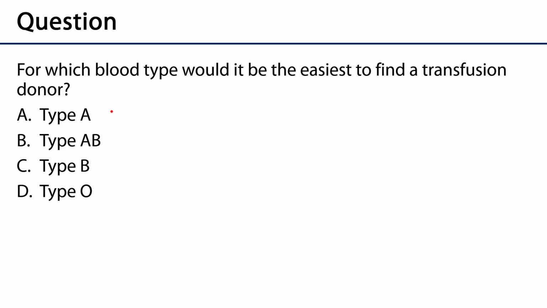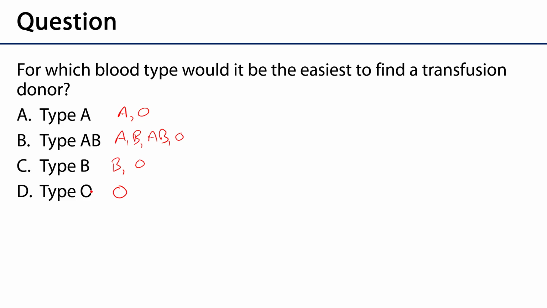Type A can receive blood from people that are type A or type O. Type AB can receive blood from A types, B types, AB types, or O types. Type B can receive blood from B or O, and type O can receive blood only from O.